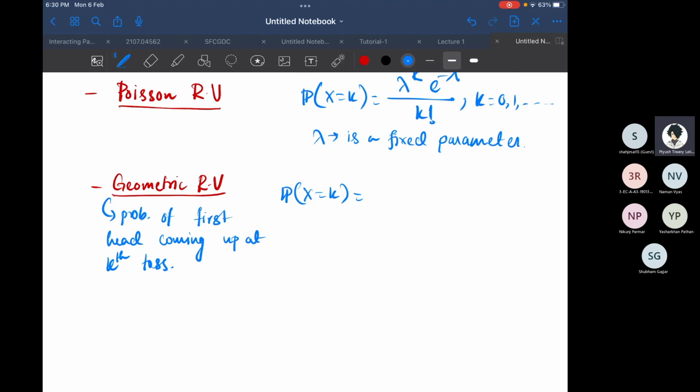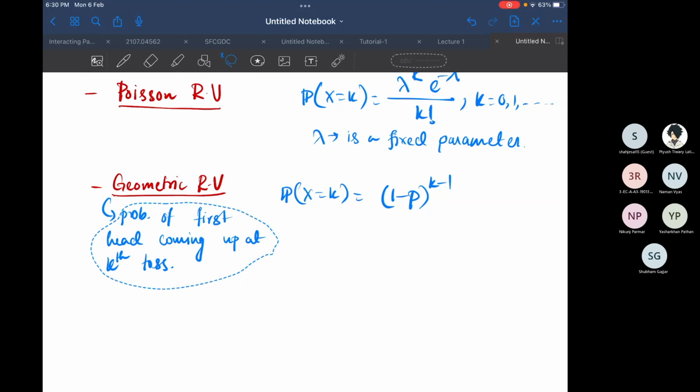If you think about it, you want the first k minus 1 to be tails, right? So 1 minus p is the probability of tail, and you want the first k minus 1 of them to be this. Oh wait, I think no, this is not what it is.